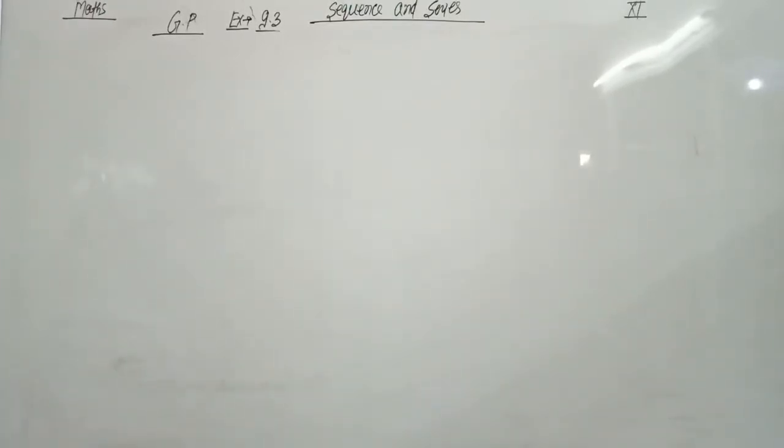Next, question number 12. The sum of first three terms of a GP is 39 by 10 and their product is 1. Find the common ratio and the terms.